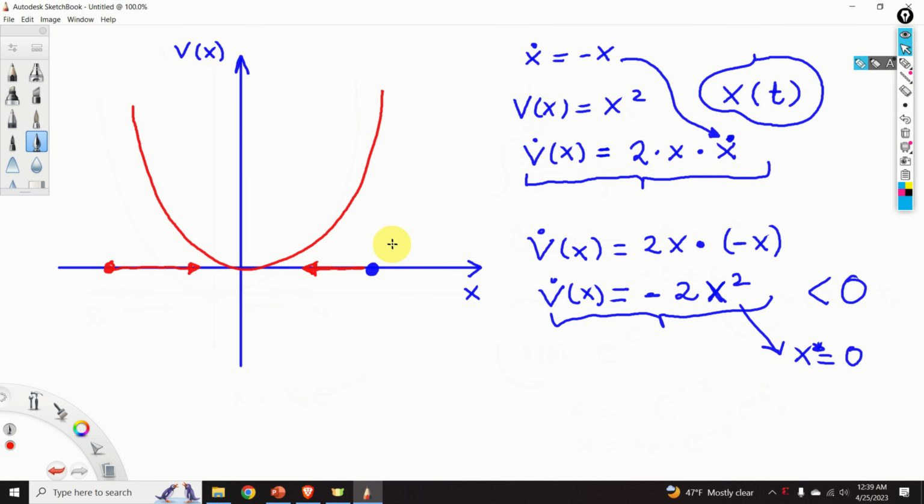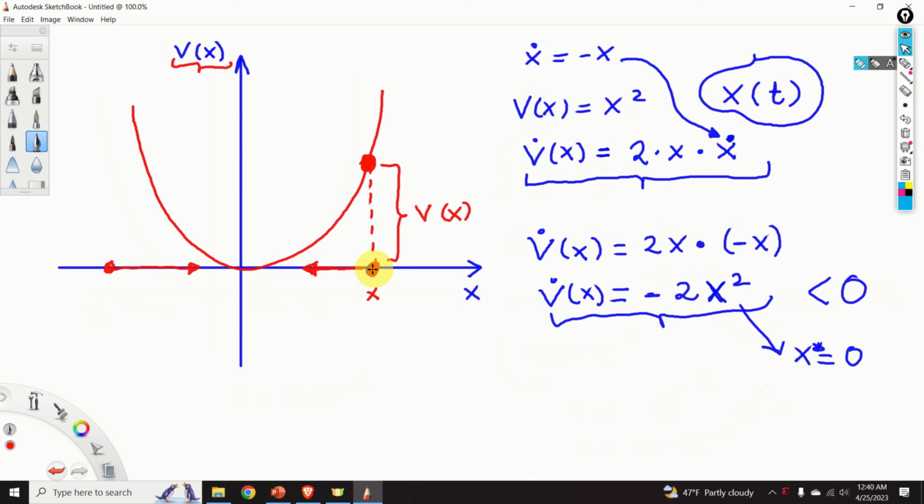This means that we need to look into the behavior of our Lyapunov function along the state trajectories. So let's say that we start from here, right? From this state x. This value over here is V of x. So let's see what happens with V of x over time.